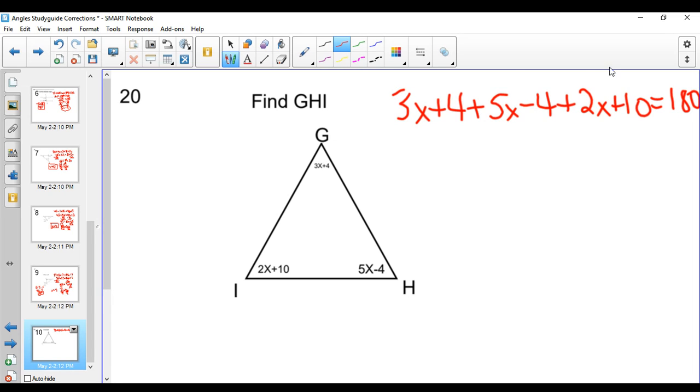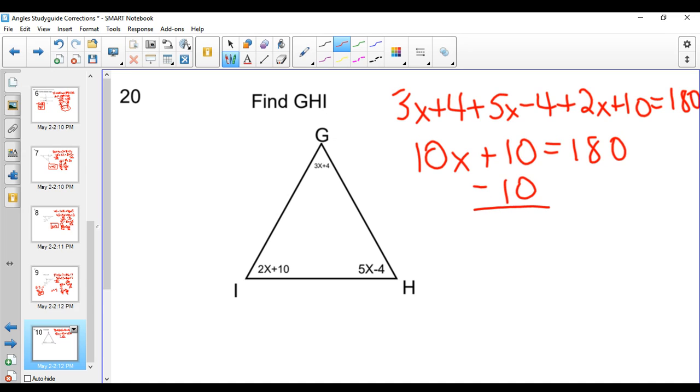Okay. Now let's go ahead and add all of the x terms. So 3x plus 5x plus 2x gives us 10x. Okay, now let's look at these numbers to combine. Plus 4 minus 4, well, that's 0, so that cancels out. And then what's left over here is a positive 10.